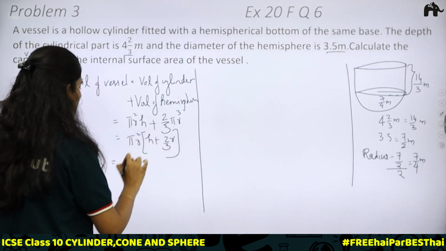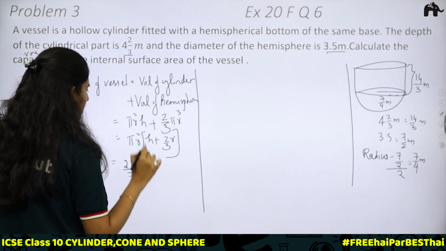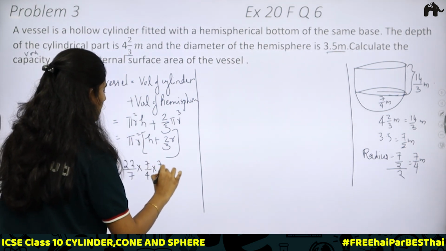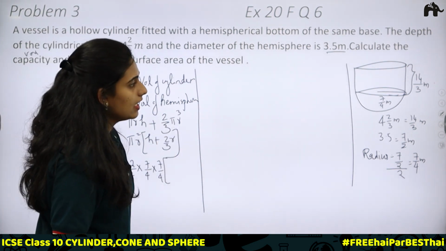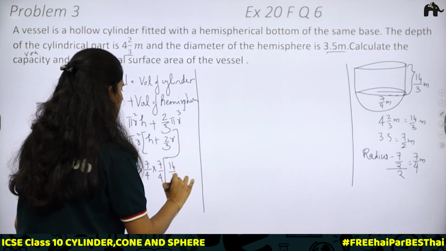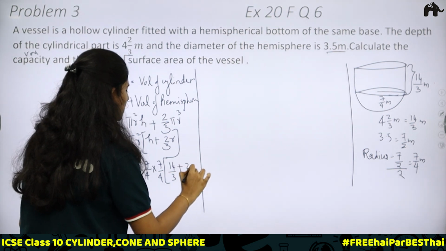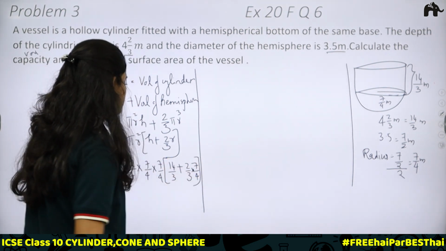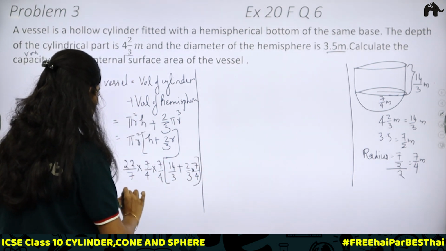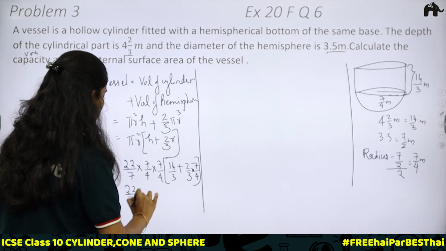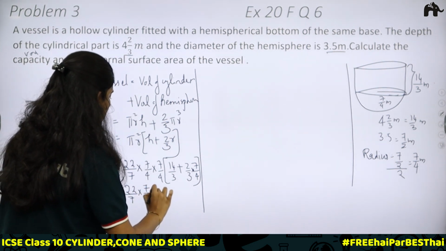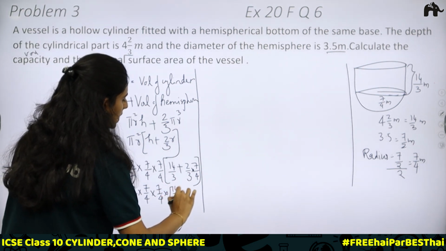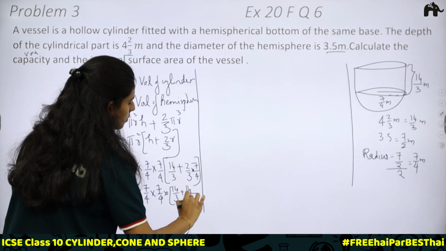Now put the values. Pi is 22 divided by 7 into r square is 7/4 into 7/4. Then the height is 14/3 plus 2/3 into 7 divided by 4. That is equal to 22 divided by 7 into 7/4 into 7/4 into 14/3 plus 14/3 into 4.